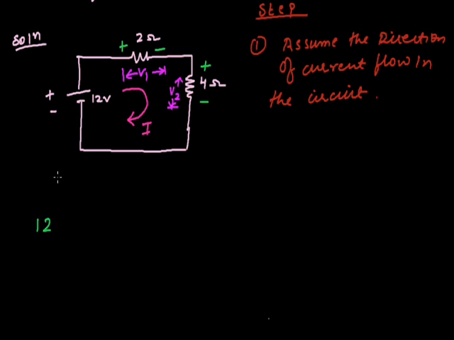In case of load and source, we take the sign of the leaving terminal in case of load. So 12 minus 2i, where 2 ohm is the resistance and I is the current flowing through it, minus 4i is equal to 0.